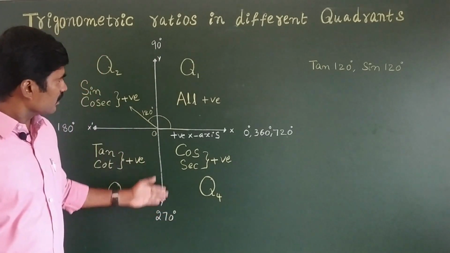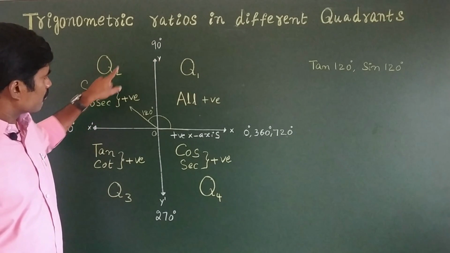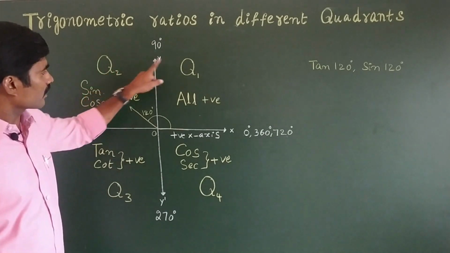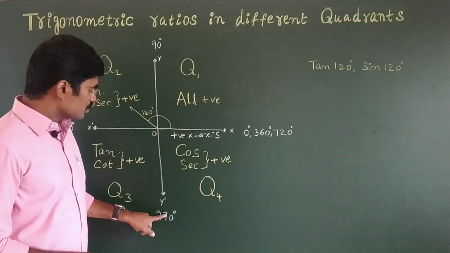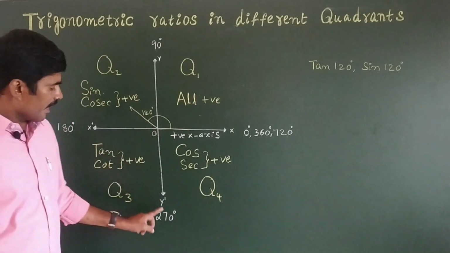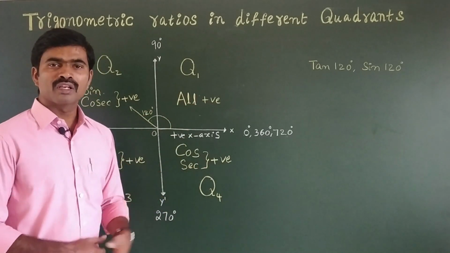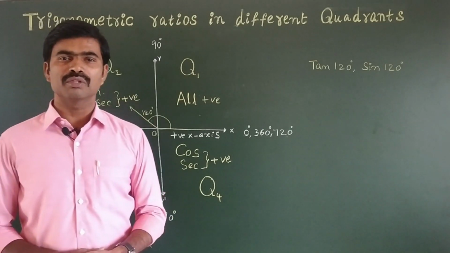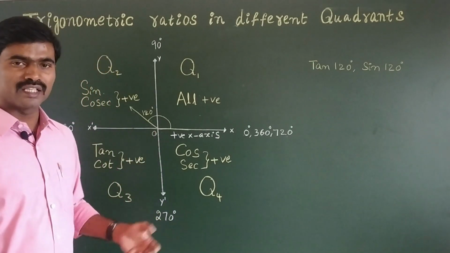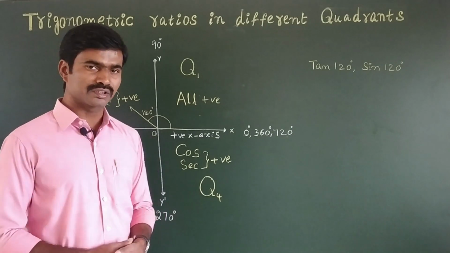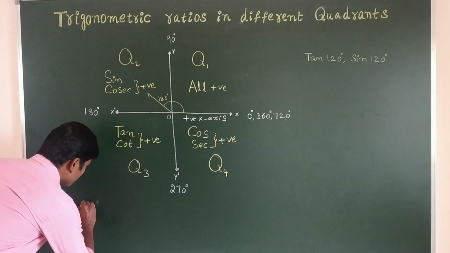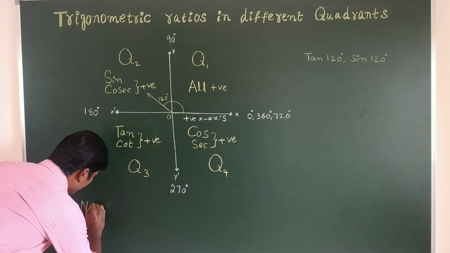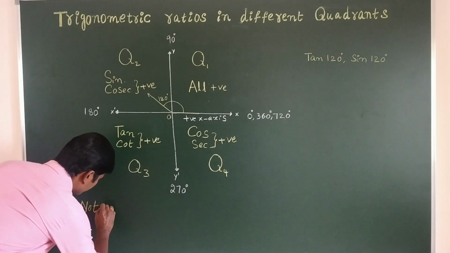At the vertical angles, at 90 plus theta or 90 minus theta, and also 270 minus theta or 270 plus theta, the trigonometric ratios will be changed. Sine as cos, cos as sine, like that. So note, this is the important note to find the angles in different quadrants.